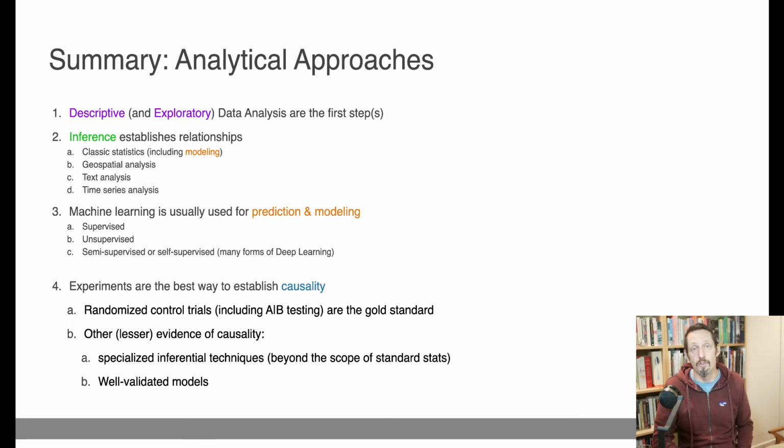Another way in which people understand causality is through well-validated models. If we have a model that predicts how the weather is going to change, and it's really, really good at predicting how the weather changes, and it's never wrong, then maybe we have to consider the fact that what the model is doing is not actually just looking at things that are related to the weather changing and figuring out how to predict the weather, but it's actually looking at the real underlying causes of the changing weather.